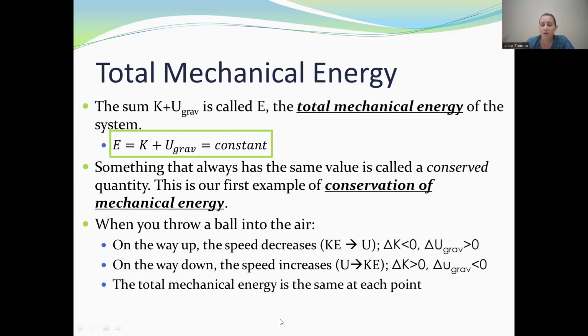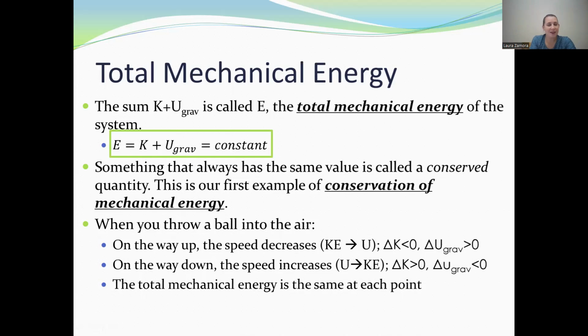On the way back down, the opposite happens, right? Initially, it's starting slowly and then it speeds up the more it falls. So initially, it has zero kinetic energy, but by the time it reaches your hand again, when you catch it, it's moving pretty fast. So it has a larger kinetic energy.